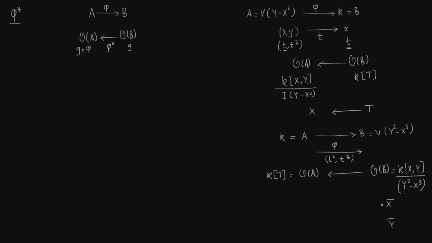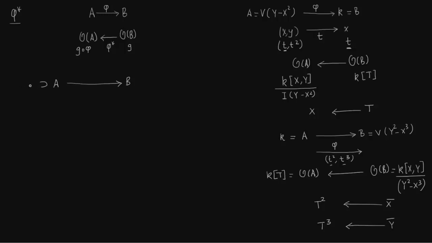So let x bar and y bar be the image in this map. So x bar is image of x and y bar is image of y in O of p. Obviously because it is kxy modulo the ideal, so x modulo the ideal will be x bar, y modulo the ideal will be y bar, and that is precisely, x bar gets mapped to the first component, y bar gets mapped to the second component.